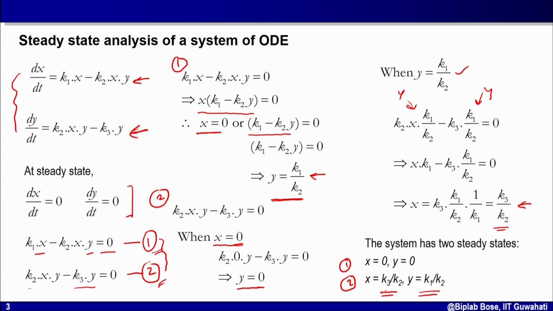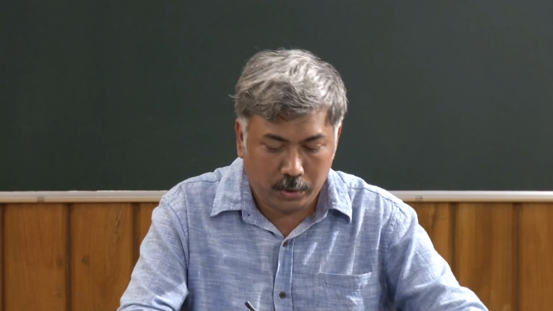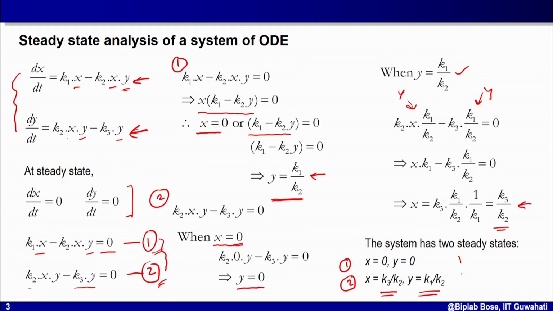Take the value of x here and put here and here in the first ODE and in the second ODE. Take the value of y and put the value of y here, in the first ODE and in the second ODE. You can use simple algebra and calculate and see that for this value of x and y, both dx dt and dy dt are equal to 0. So our system of this predator-prey has two steady states.